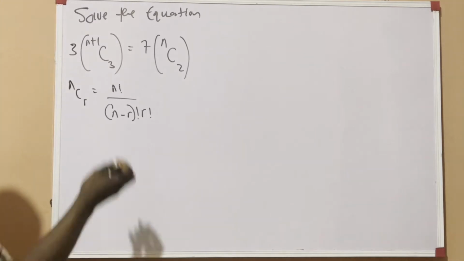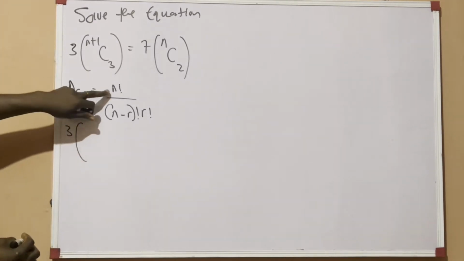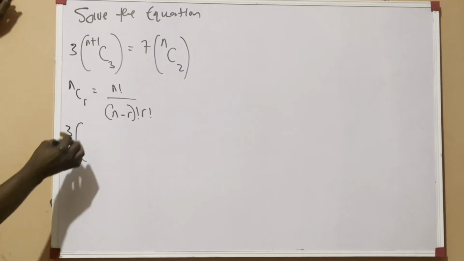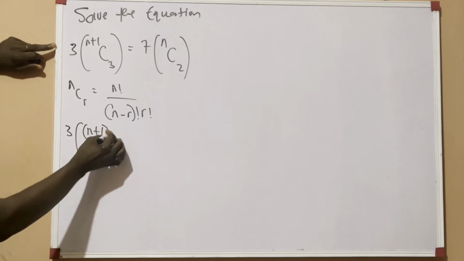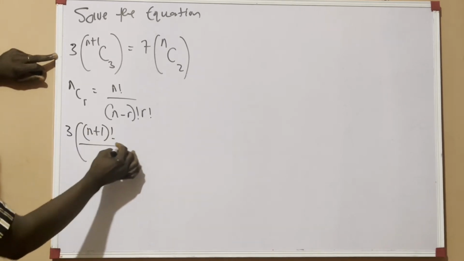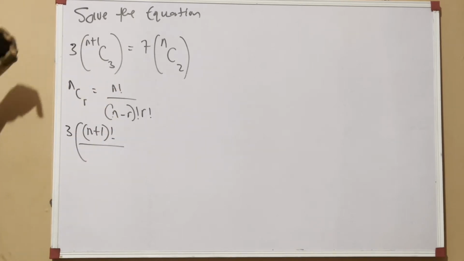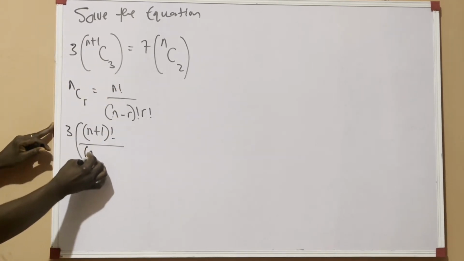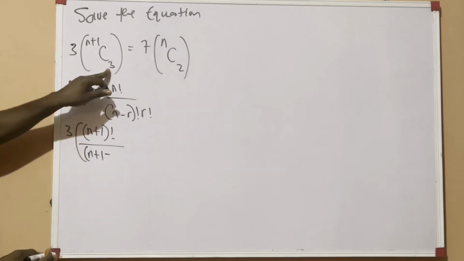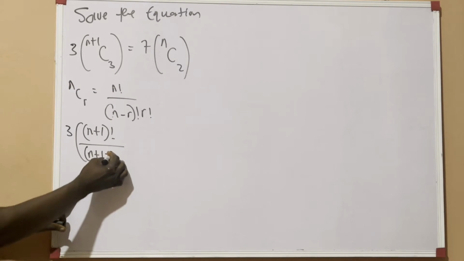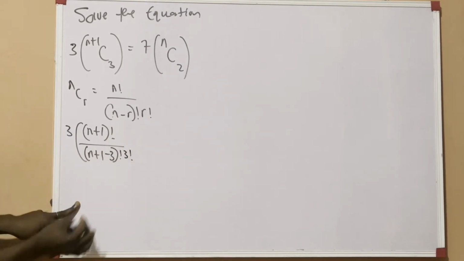Now it becomes 3 times the bracket of n factorial, but what would I be using now? n plus 1 factorial, all over n minus r, and here I use n plus 1 because that's what I have. So it becomes n plus 1 minus r, and our r here is 3, so minus 3 factorial, then we have r factorial, which again gives us 3 factorial.